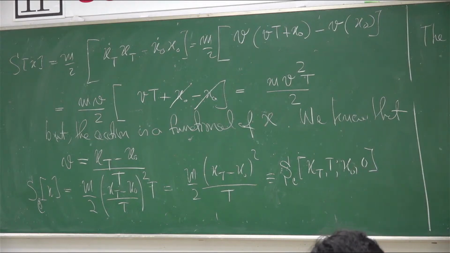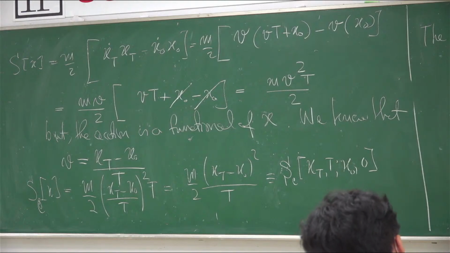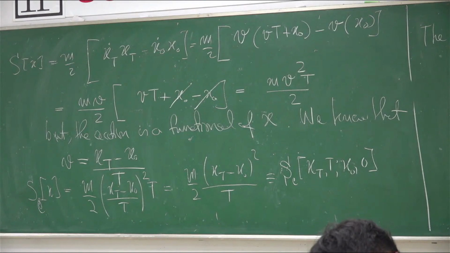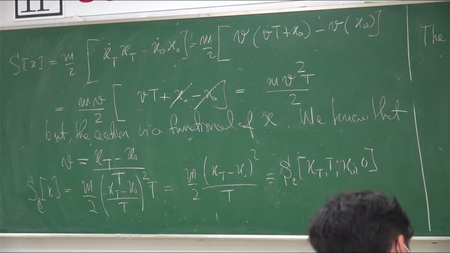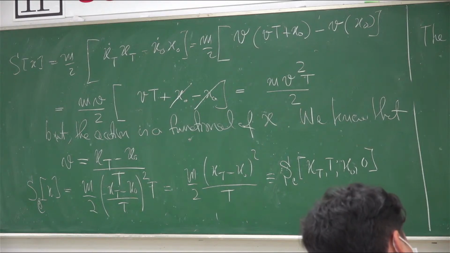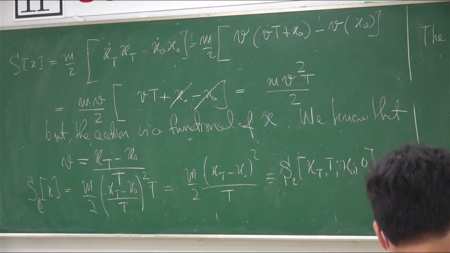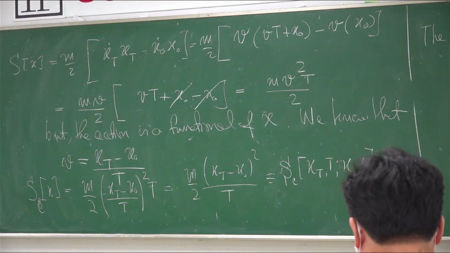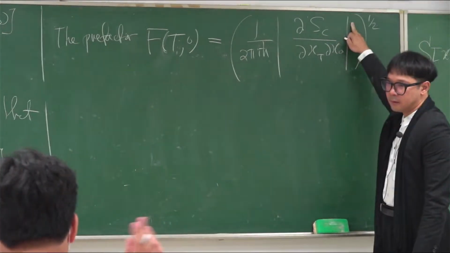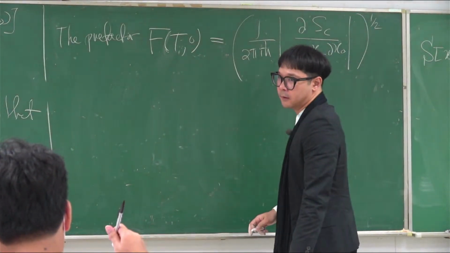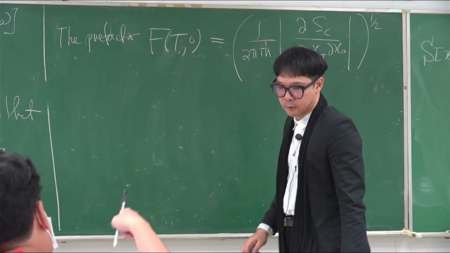If you remember the formula, is that 1 over 2 pi i h0? If I remember correctly, is it? Is there a square here? No. Okay.